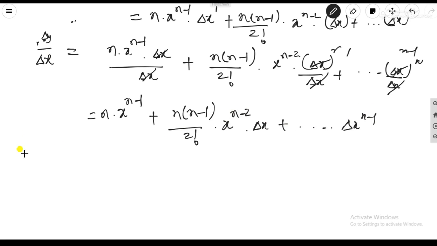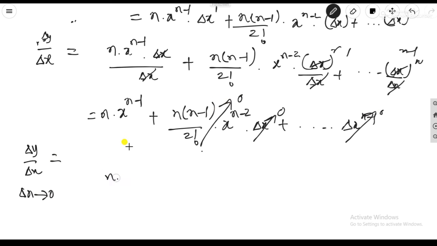So when in the ratio delta y by delta x, delta x tends towards 0, that means it is smaller and smaller, these terms will be 0 and the whole remaining term will be 0. So we are left with only n into x power n minus 1, because there is no delta x in this term.